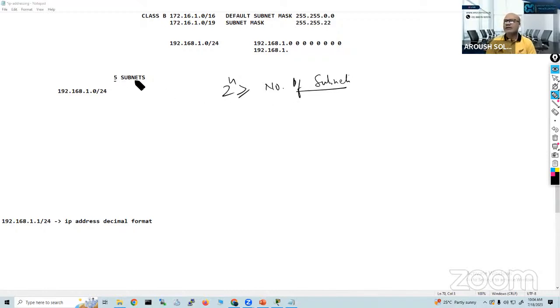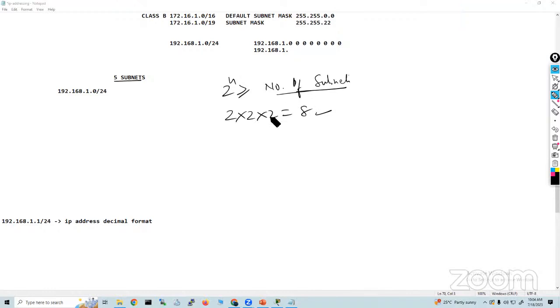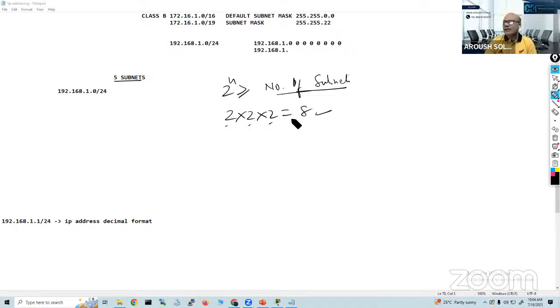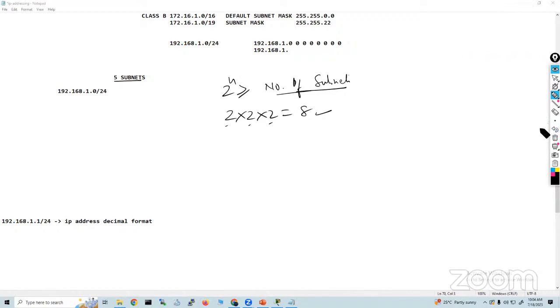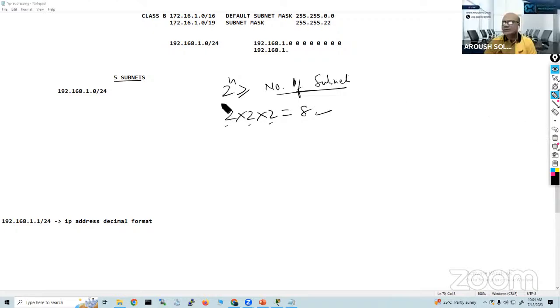So very simple calculation you can do. As required, for 5 subnets, 2 times 2 times 2 equals 8. Is this satisfying the formula, right? The question should be, sir, how do you get the 8? 2 raised to the power of 3 is greater than or equal to your number of subnets.